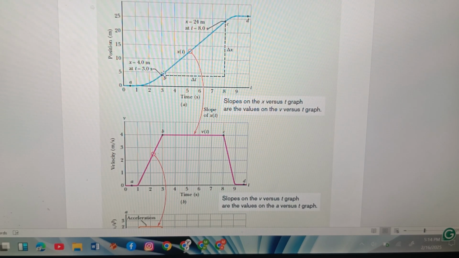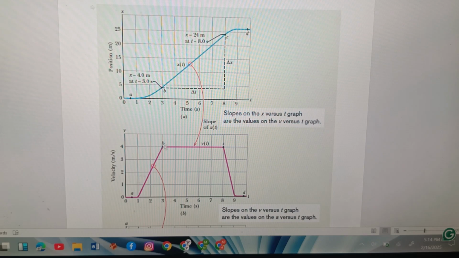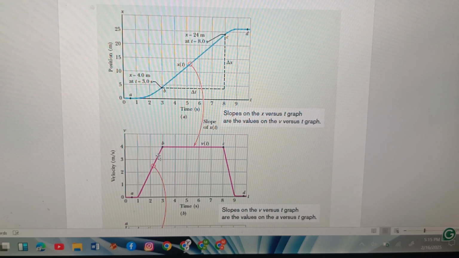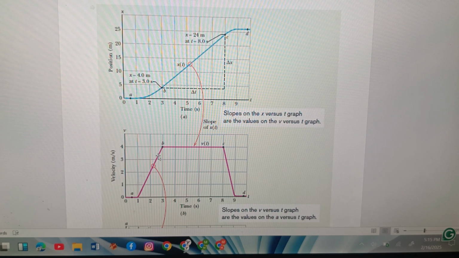Then from B to C, we will again use the initial and final values of position and time, and from there we will get that the elevator cab will be moving at constant speed. From A to B, the elevator cab's speed is increasing. Then at this point, it moves with constant velocity, and from C to D, we can see that it is going to stop.